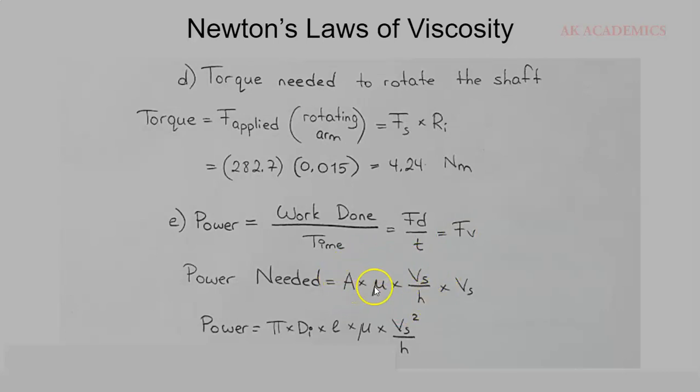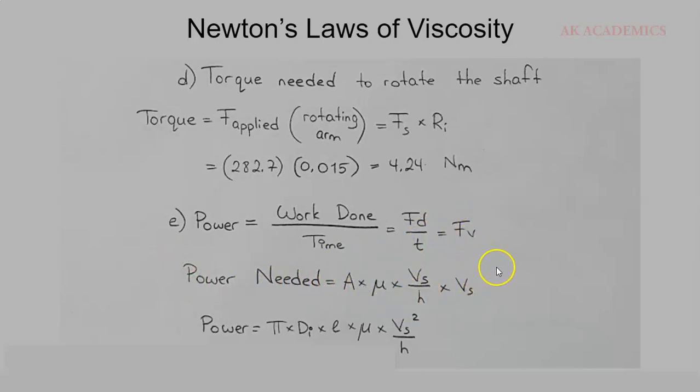We had said earlier that force over area is equal to mu Vs over H. Force over area is equal to mu multiplied by velocity over H. So if you cross multiply, it means force will therefore be equal to A multiplied by the mu, which is the viscosity, multiplied by Vs over H, and then we still have our velocity of the shaft. We still have it here. Power will therefore be equal to this force, all of these values, multiplied by this velocity that we have here.